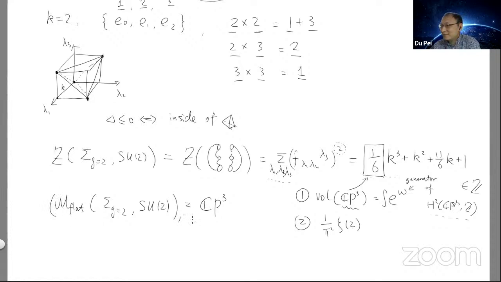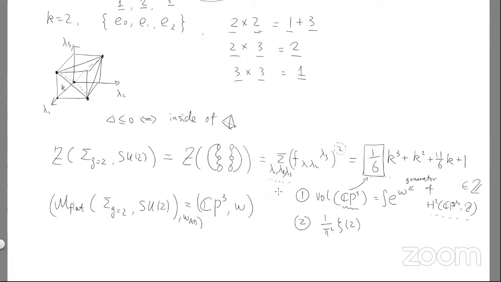So CP3 is a phase space of the quantum Chern-Simons theory with gauge group SU2.